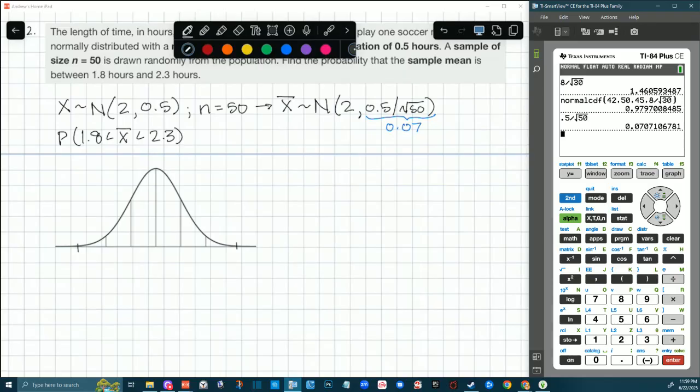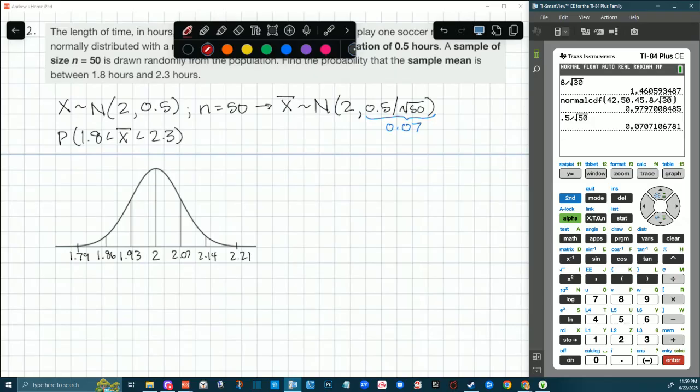So we know our mean is 2, and then this is going to be 2.07, 2.14, 2.21, 1.93, 1.86, 1.79. And then we mark those boundaries and we shade in the appropriate area.